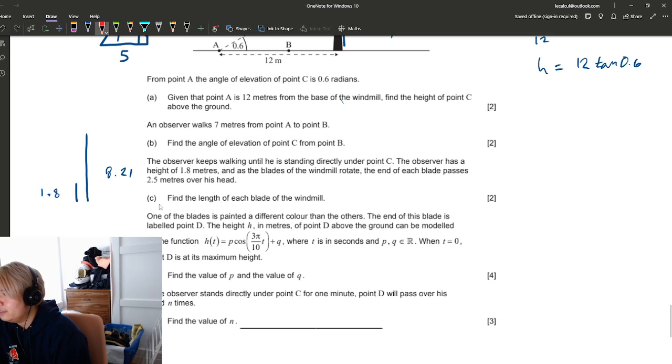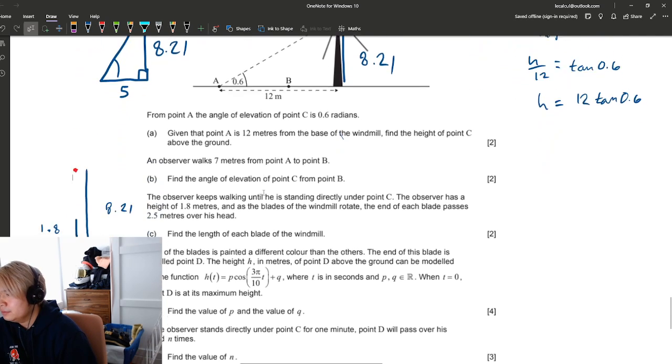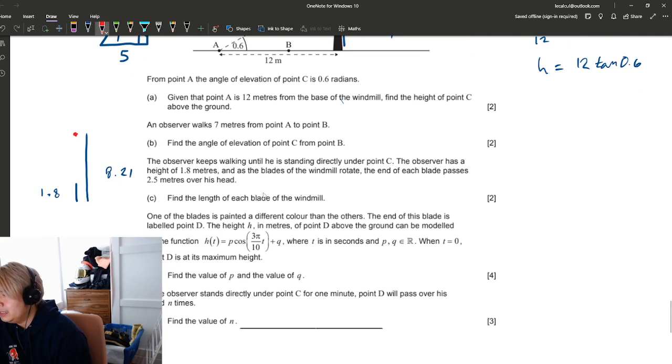And then you have the windmill blade. And the windmill blade is obviously connected to the top of the tower. And at the bottom, they say that there is a distance between the end of the blade and the person of 2.5 meters. So this right here is 2.5 meters.